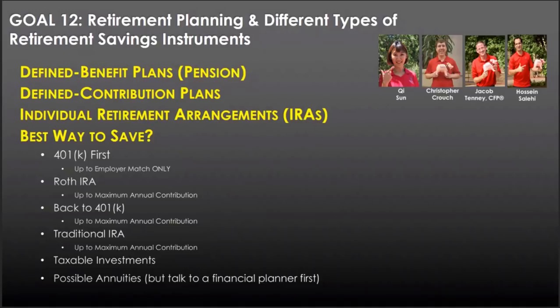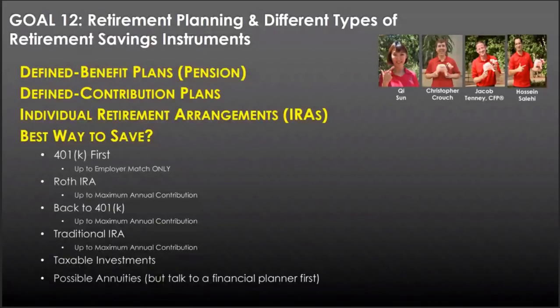Also, it doesn't have any age limit to contribute, and more importantly, you pay taxes now when you are younger, and you will get a tax-free distribution later. Okay, and then you can come back to 401k, save into your 401k up to your maximum annual contribution, and so on and so forth.